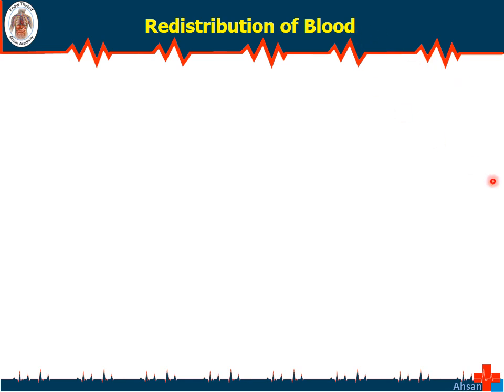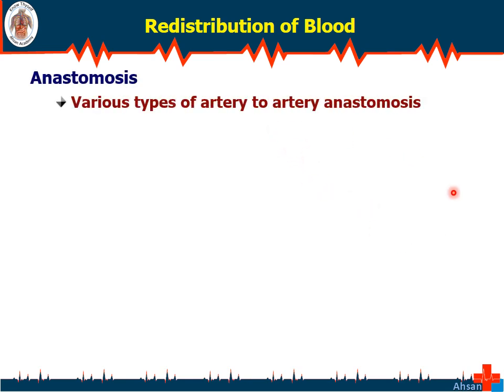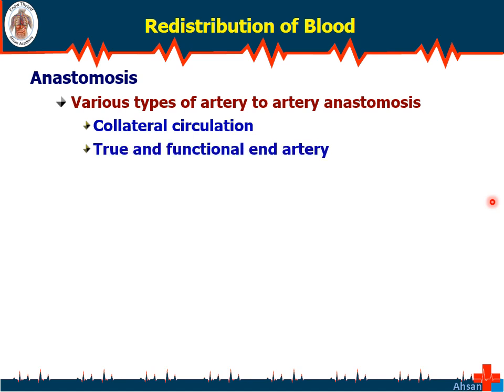Redistribution of the blood is the responsibility of the anastomosis. Anastomosis, how does it work? There is artery to artery anastomosis of various sizes, various types, so that collateral circulation is established. So in the condition of a blockage, there will be collateral circulation, saving the tissue.